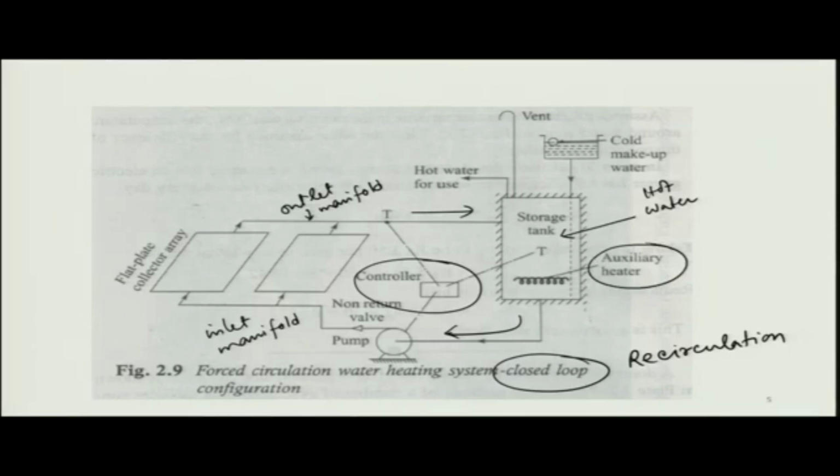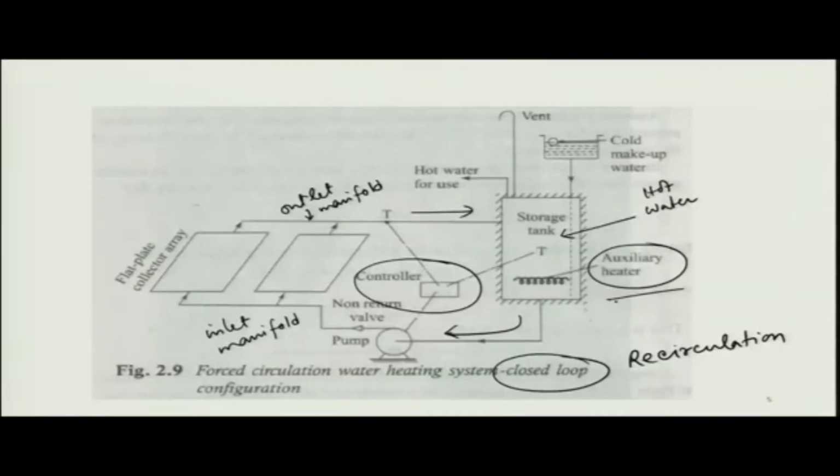Suppose the temperature that you wish to achieve is not possible even after multiple recirculation due to a low amount of solar intensity on a particular day. That can happen any time. If you have a cloudy day, the intensity will be low and you will not be able to reach the desired temperature. In that case, you can put in an auxiliary heater, which can be an electric heater, or you can burn some fuel to heat it up.